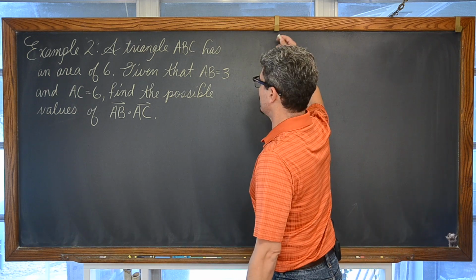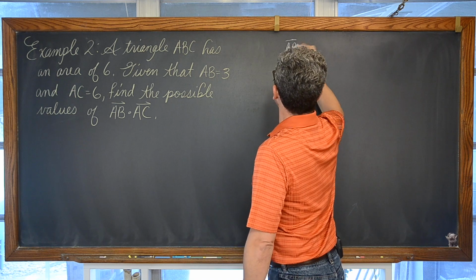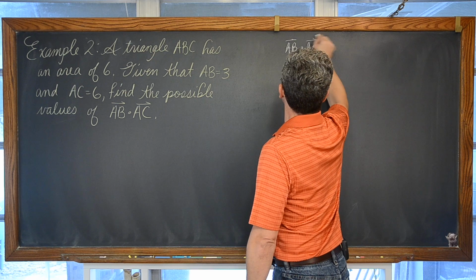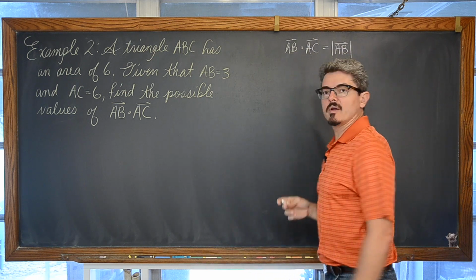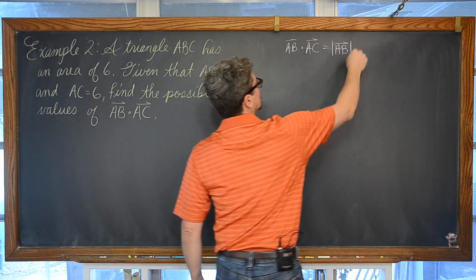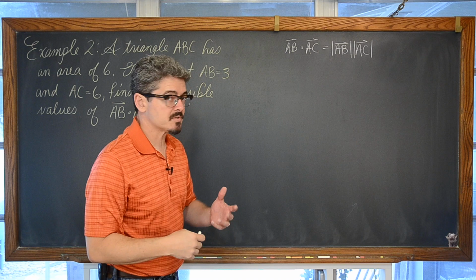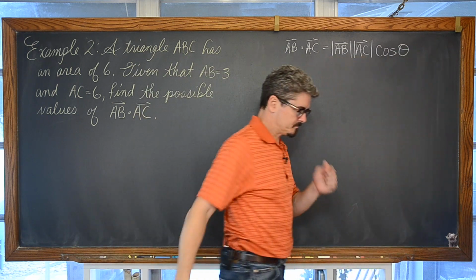So we need to fill out this formula for vector AB and AC, which is the magnitude of vector AB times the magnitude of vector AC times the cosine of theta.